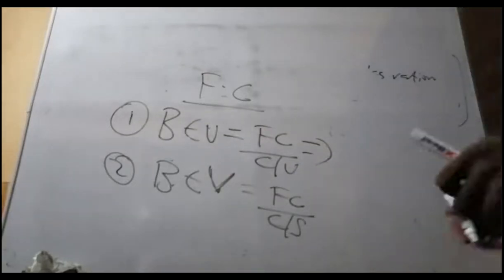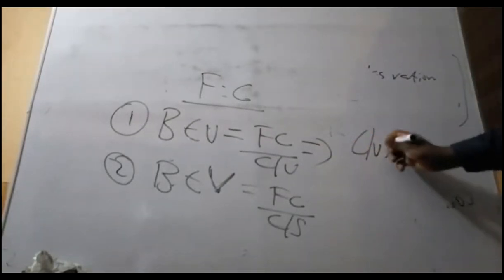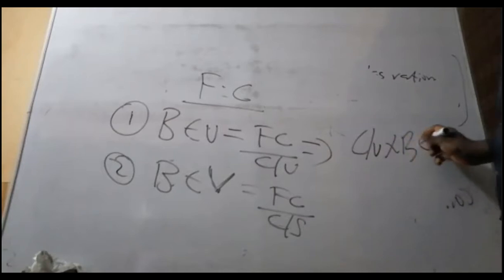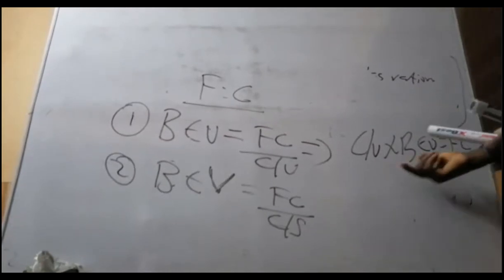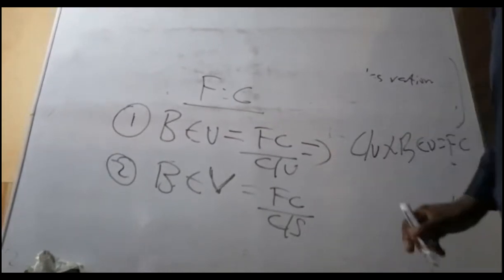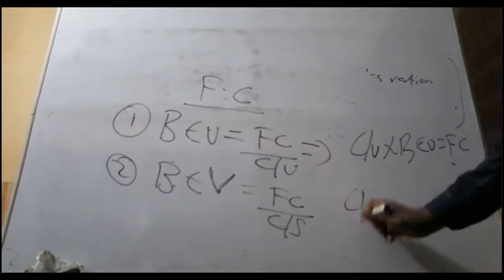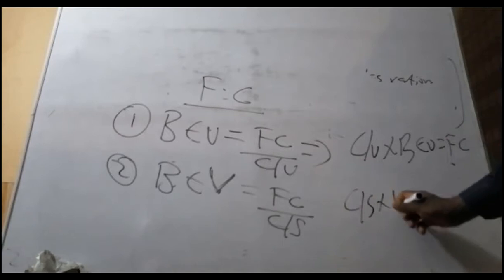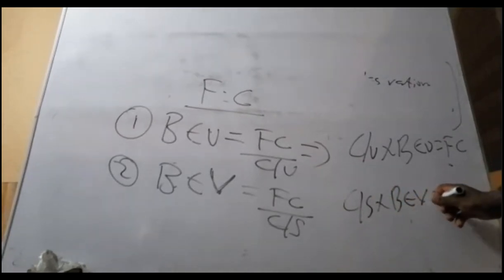So contribution per unit times break-even units is equal to the fixed cost. That's the first formula. The second: CS ratio times break-even value is equal to the same fixed cost, right?